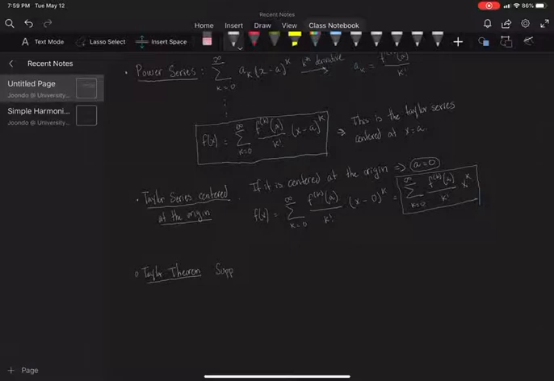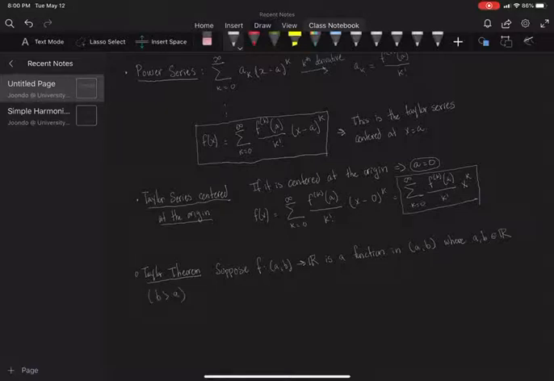Suppose f from (a, b) to the reals is a function in (a, b), where a and b are real numbers, and for additional information, b is going to be greater than a.